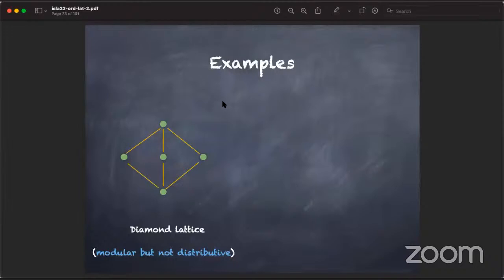What is the definition? The complement of an element A would be B if A meet B is the bottom element and A join B is the top element. So it is easy to see that in the diamond lattice, there is an element having more than one complement.